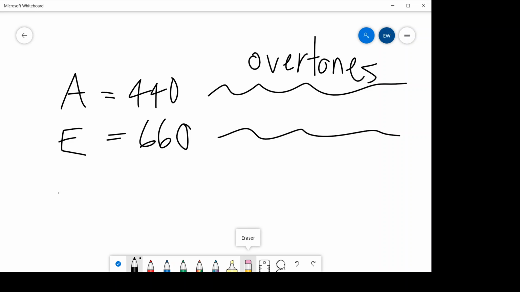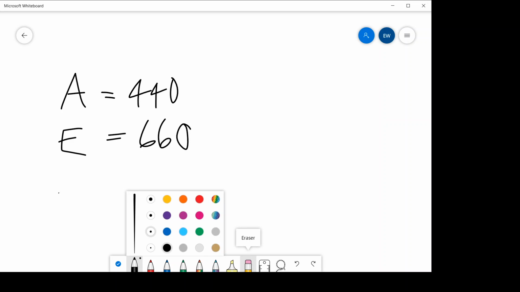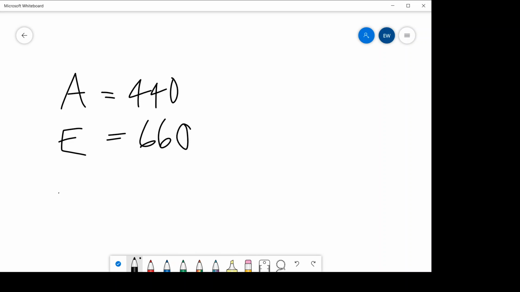So yeah, this is Helmholtz's theory, that the more overtones that are shared between the two notes, the more consonant it is. Another theory has to do with the beat frequency. For those unfamiliar, if you subtract the hertz of two notes, you get a beat frequency. So 660 minus 440 gives us a beat of 220.